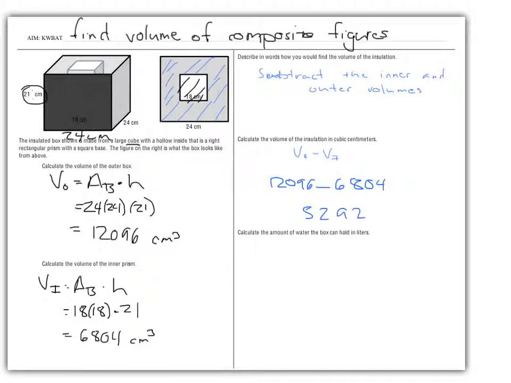So calculate the volume of the water the box can hold in liters. So remember, we're talking about 1 liter is 1,000 cubic centimeters. So if I wanted to figure out how many liters this is, how would we figure that out?